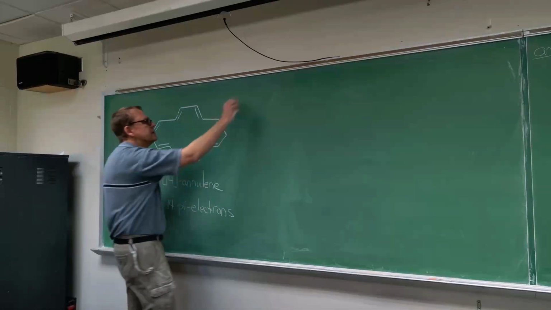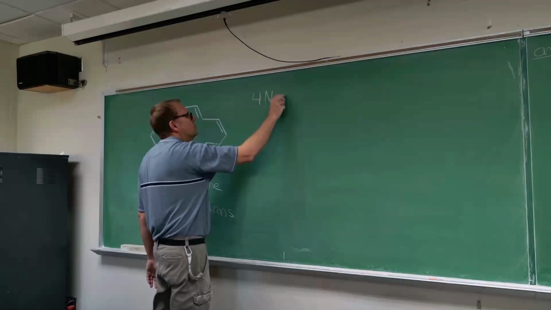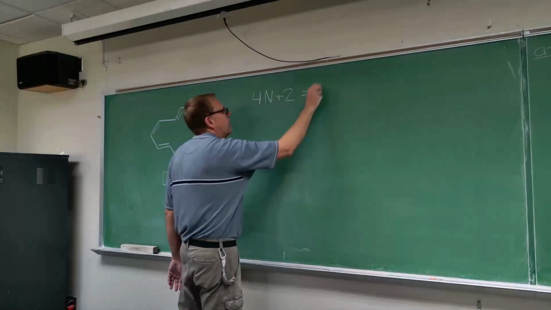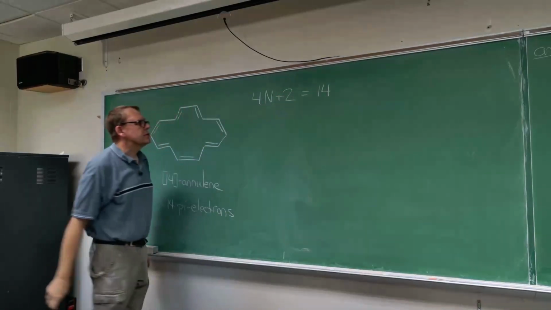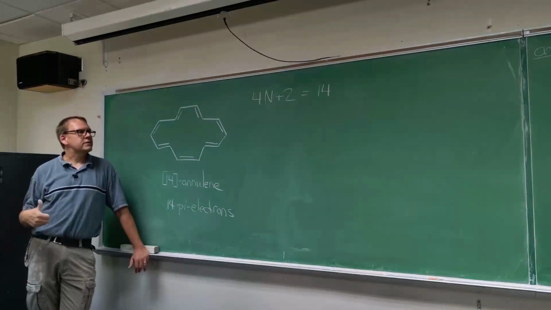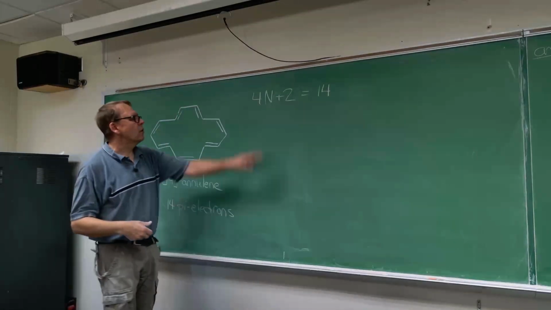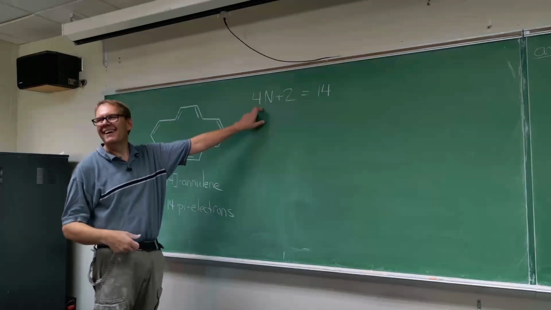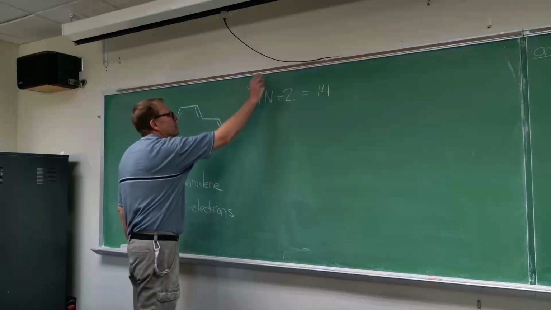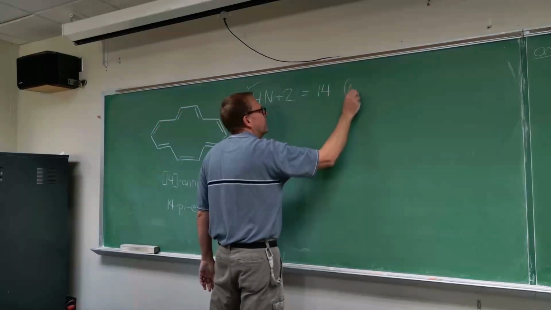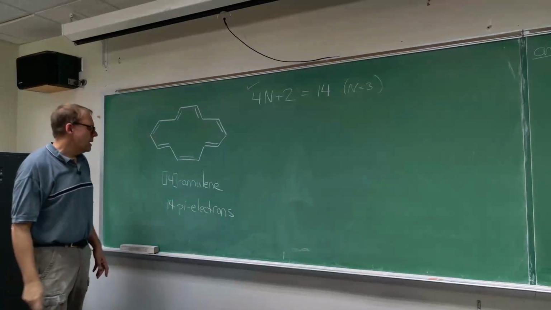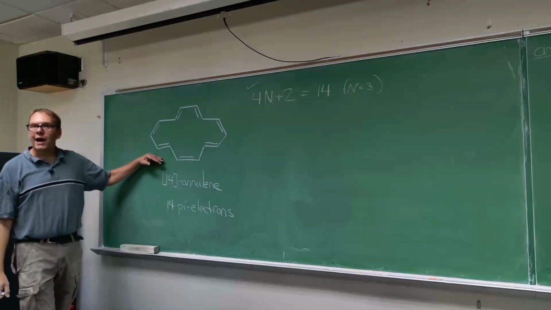Does that fit 4n plus 2 or 4n? Can we find a value for n that makes this true? 6, yeah. So 6 times 4 is, no wait, that's not right. 3. 3 times 4 is 12 plus 2 is 14. So yes, it works when n is equal to 3. So in other words, this is a 4n plus 2 system. This molecule, when it's flat, would be aromatic.